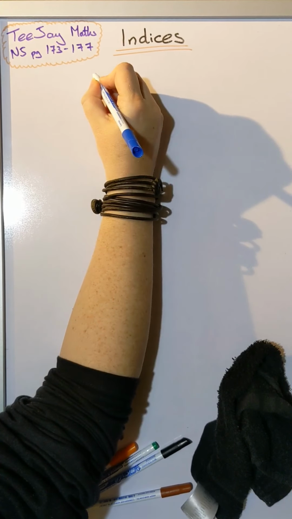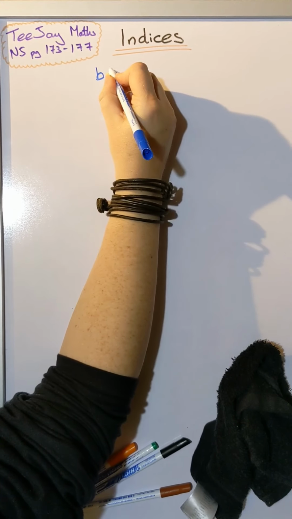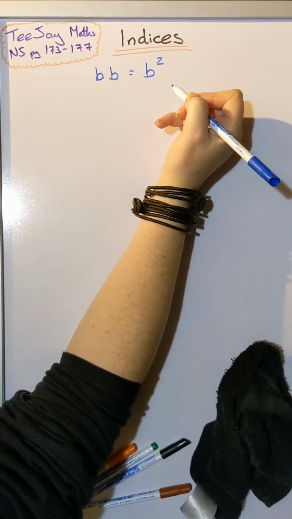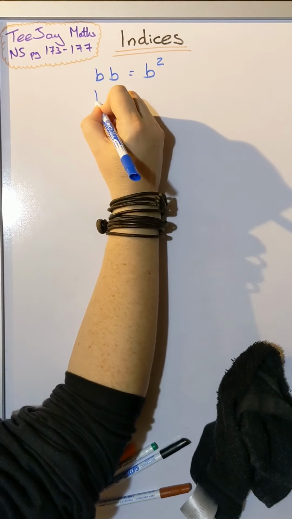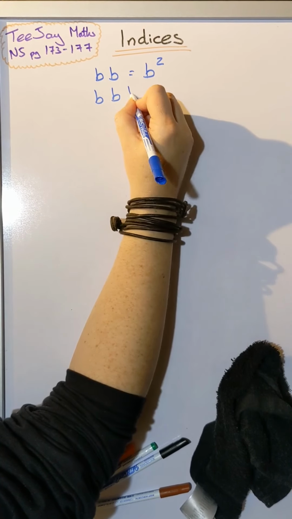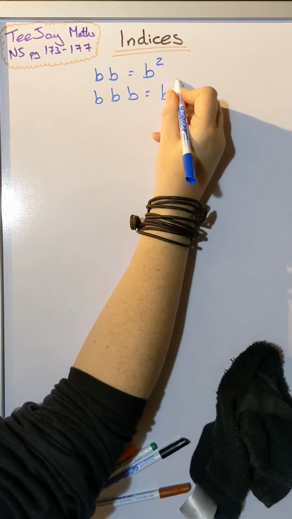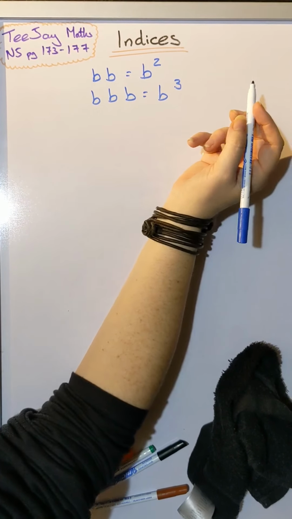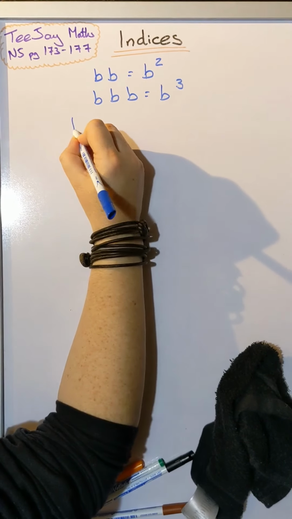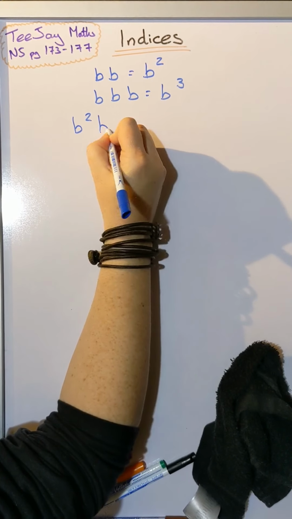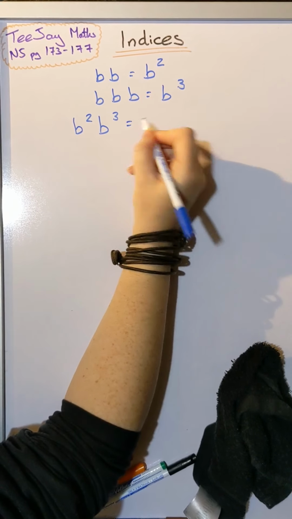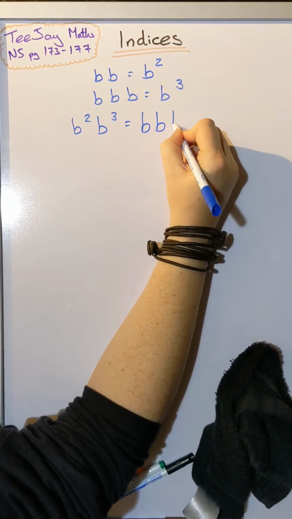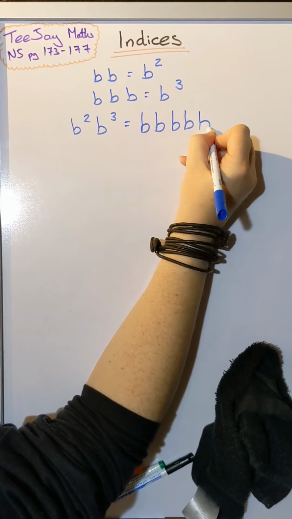So, if we have b times b, we know that we have b squared. If we have b times b times b, we have b to the power 3, or b cubed. If we're to times b squared by b cubed, we've got b times b times b times b times b.